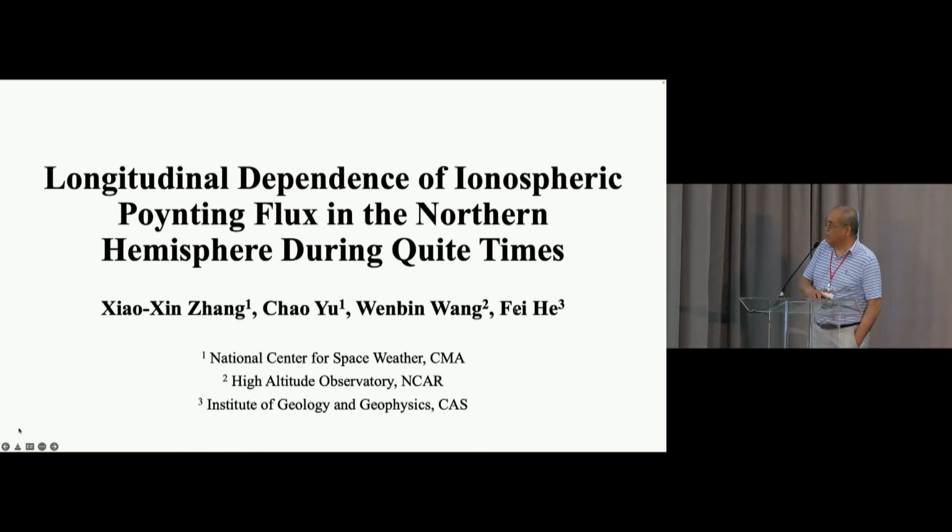This is talking about the longitudinal variation of the Poynting flux from the magnetosphere down to the ionosphere in the northern hemisphere. This is mostly on quiet time, and uses the DMSP observations. It's a statistical study.